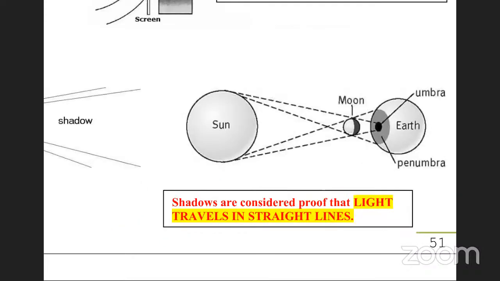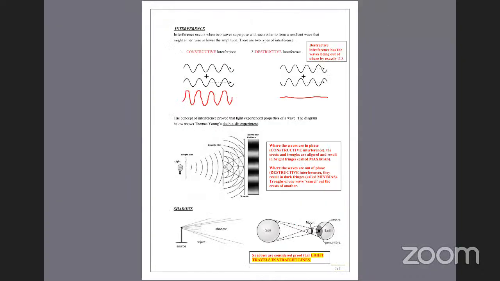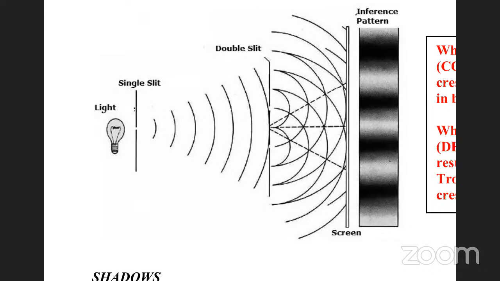Just one more thing I want to talk to you about before we move away from here. If you look here, this pattern here is affected by three quantities: the distance between the screen and the slits, the spacing between the slits, and the wavelength coming in.